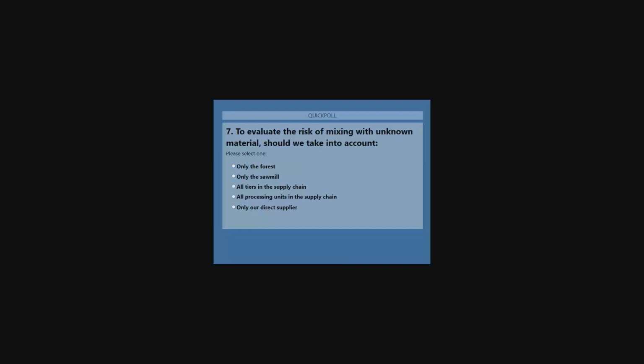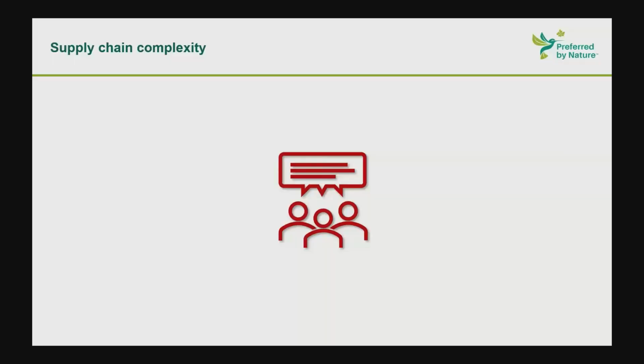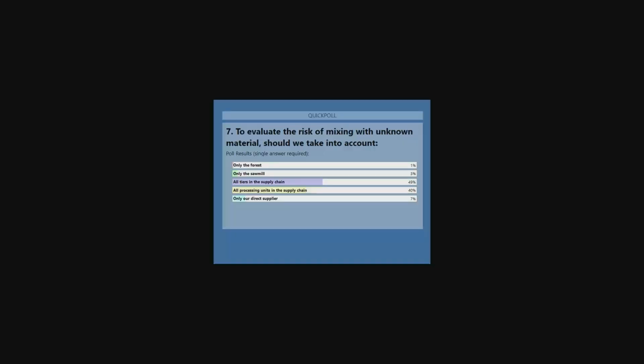I have 40% of voters. Let's keep it running another 10 seconds. 65%, I think I can wait just a little bit longer and close. Okay, let's share the results.